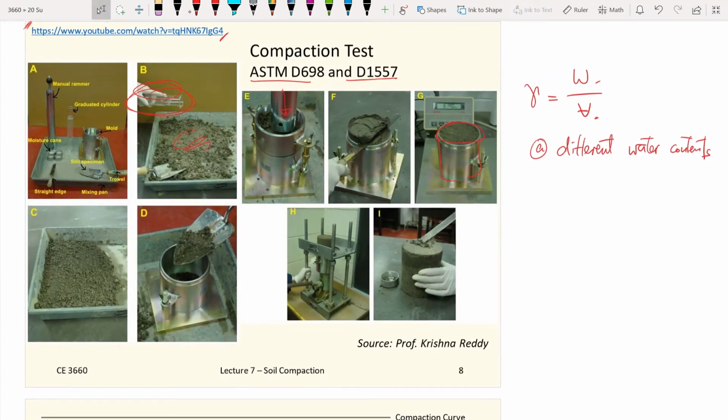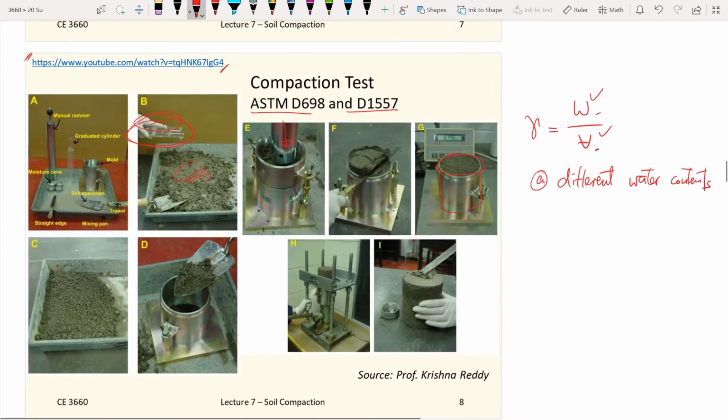At the end of the day, you will weigh it. Then you will get the volume, and now you measure the weight, then you can find out the unit weight at different water contents. So that's the key concept of those compaction tests.